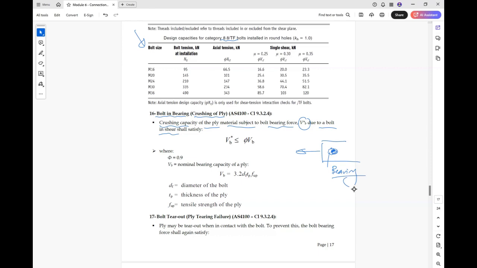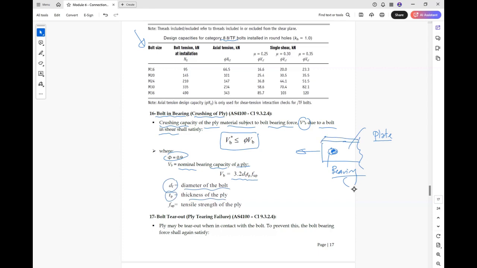So V*b should be less than φVb for the plate itself. Here we are checking the plate, the connected member. Phi in this case is 0.9. Vb is the nominal bearing capacity of a plate, which is equal to 3.2 df tp fup, where df is the bolt diameter, tp is the thickness of the plate.